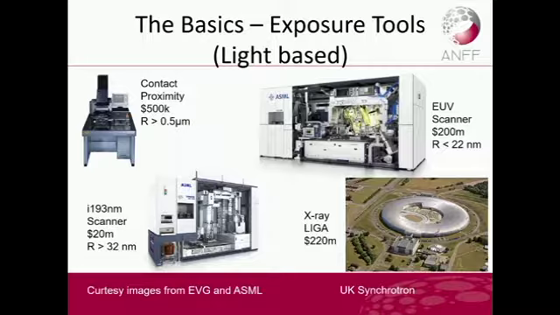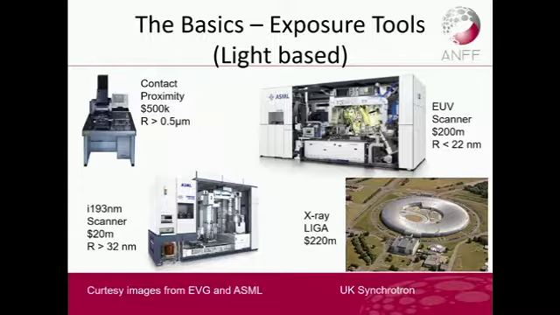So if you wanted to basically ask someone to do this sort of 193 lithography for you, it's almost mission impossible, because when you talk to the industry, they will want you to make millions of your device. Otherwise, they have to shut down their machine. They lose thousands of wafers each time. And the state-of-the-art EUV scanner costs more than $200 million each, but you can achieve less than 22 nanometer resolution.